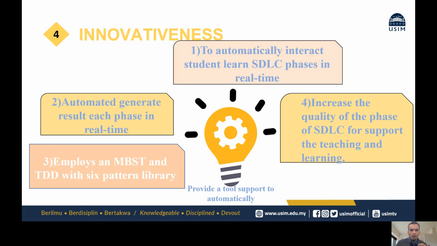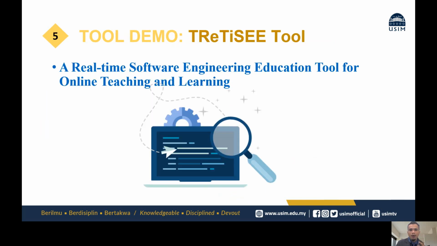The third one, we want to make sure that our tool employs model-based software testing, which we call MBST, and test-driven development, TDD, with a 6 pattern library. And the fourth is to increase the quality of the SDLC phases to support teaching and learning. Therefore, the 3TC tool is developed and discussed in this section.